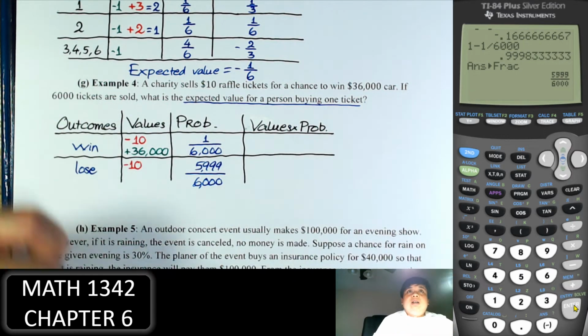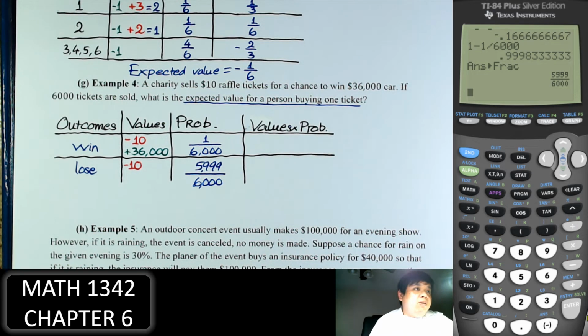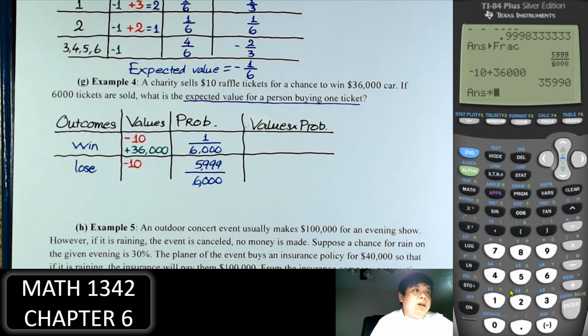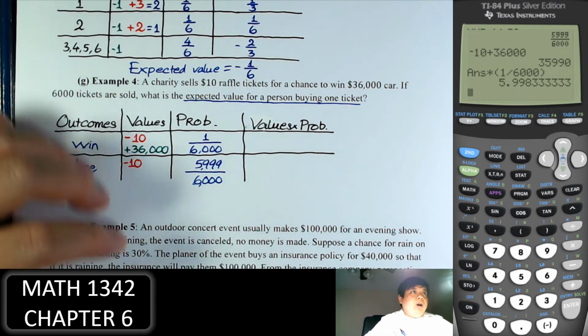Now we multiply across. First the values. When winning, we lose $10 but win $36,000, so the net is $35,990. And we have that times the chance of winning, 1 divided by 6,000, so we have 5.998.